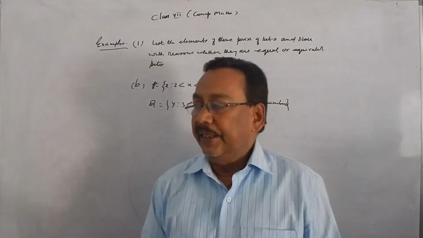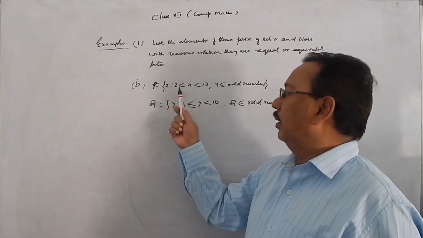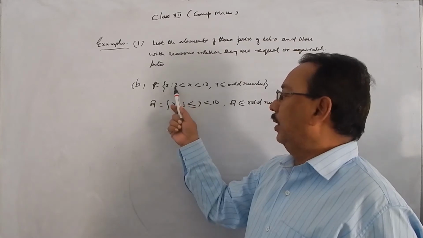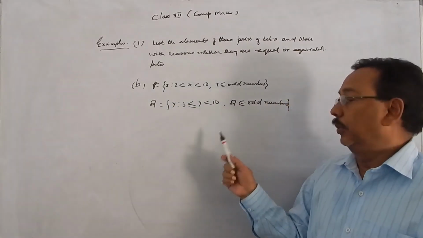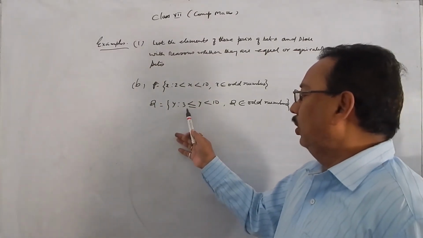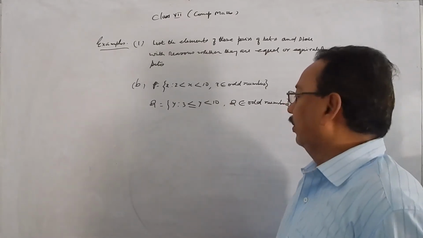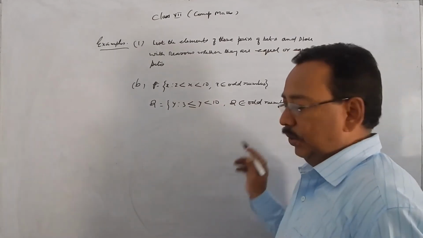Now we take the second example. P is the set of x such that x is greater than 2 and less than 10, and x is an odd number. Q is the set of y such that y is greater than or equal to 3 and less than 10, and y is also an odd number.